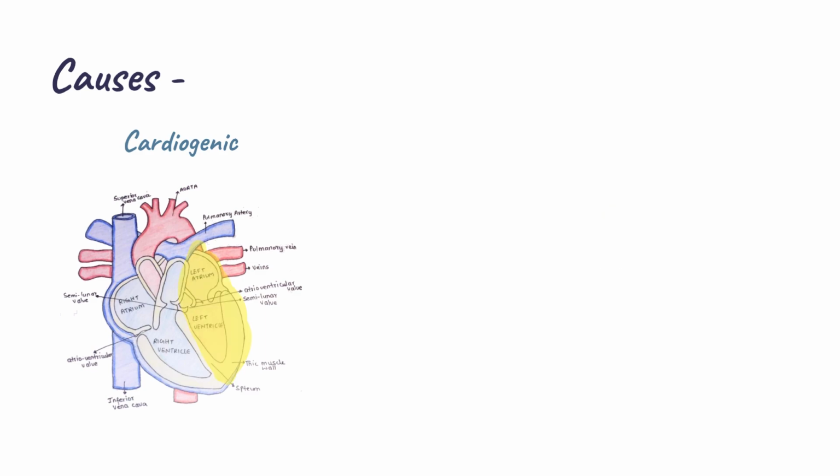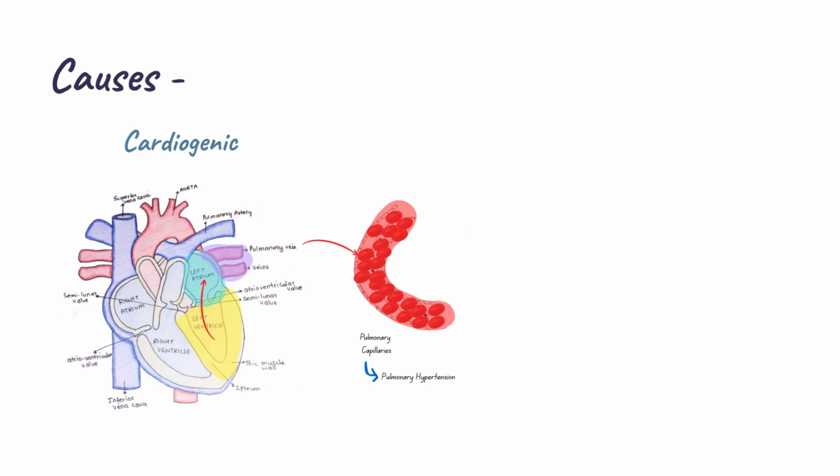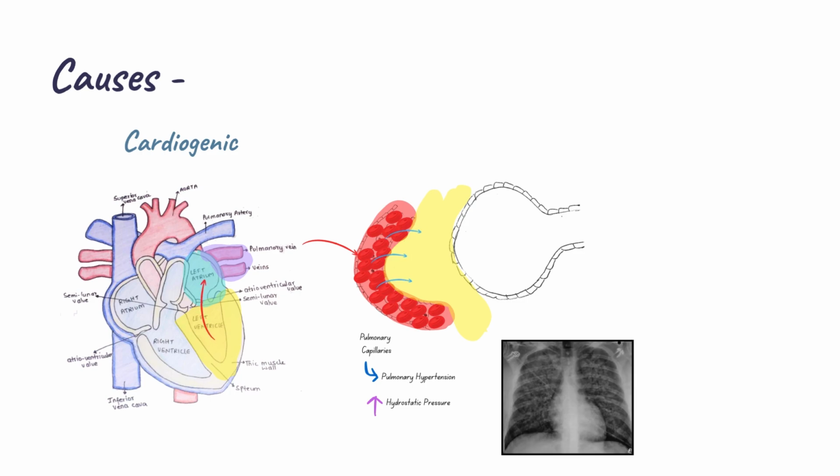And in left-sided heart failure, the left ventricle becomes unhealthy and can't pump effectively, which means that blood starts to back up in the left atrium and then the pulmonary veins and pulmonary capillaries. The extra blood in the pulmonary capillaries causes pulmonary hypertension, which is an increase in the hydrostatic pressure of the pulmonary blood vessels. And this pushes more fluid into the interstitial space of the lungs, which leads to pulmonary edema.